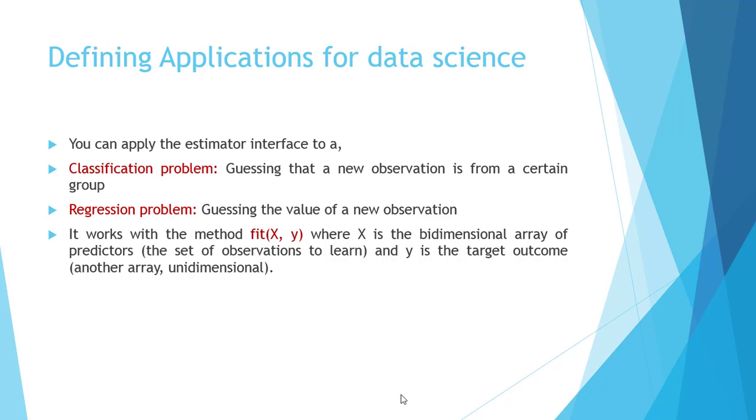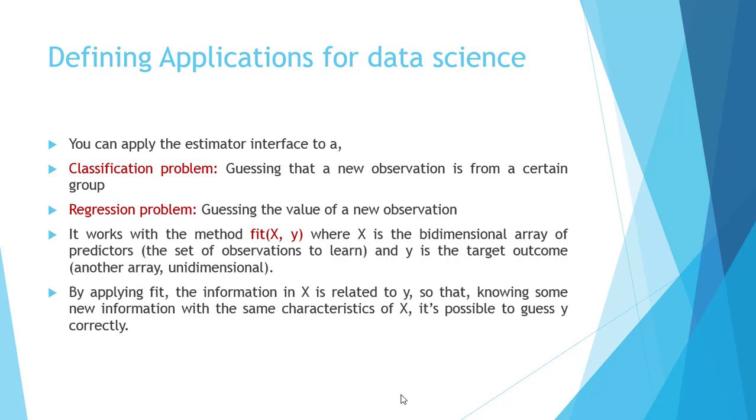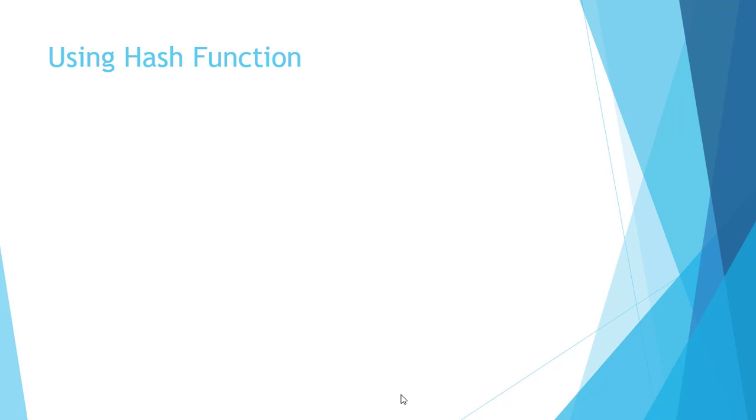For that, it works with the method fit(X, y), where X is the bidimensional array of predictors, the set of observations to learn, and y is the target outcome, that is another array which is unidimensional. By applying fit, the information in X is related to y, so that knowing some new information with the same characteristic of X, it is possible to guess y correctly.